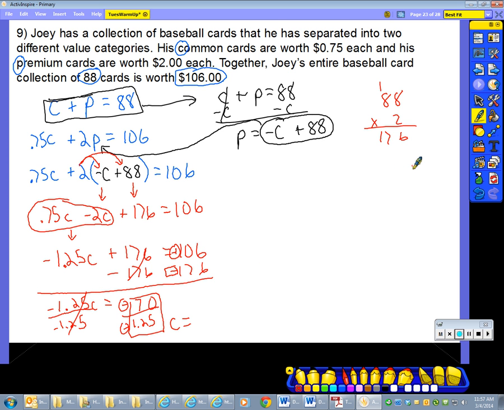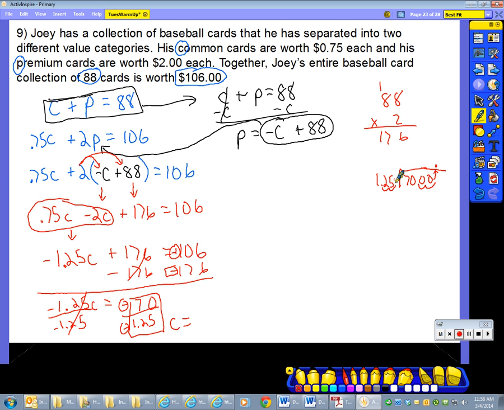So let me come over here to the side. I'm going to do 70 divided by 1.25, and I have to move this decimal 2 places over, so I have to move this one 2 places over as well, and then move it up. I'm going to fill in zeros. Now I'm going to have to do some guessing and checking.